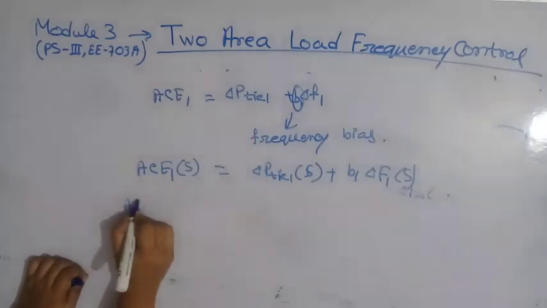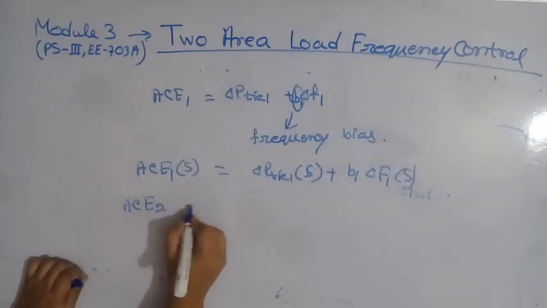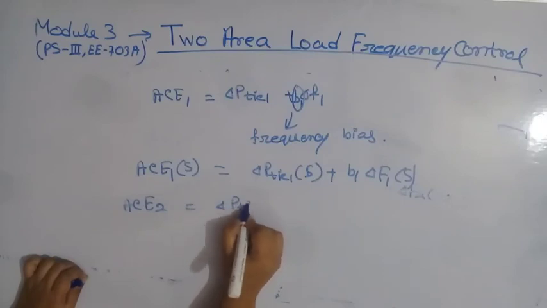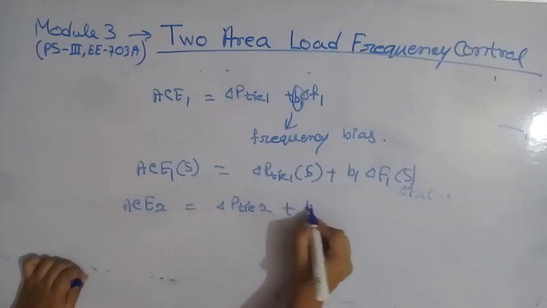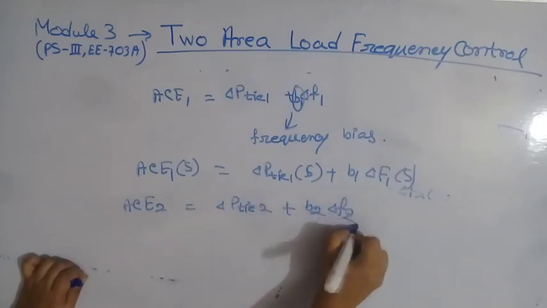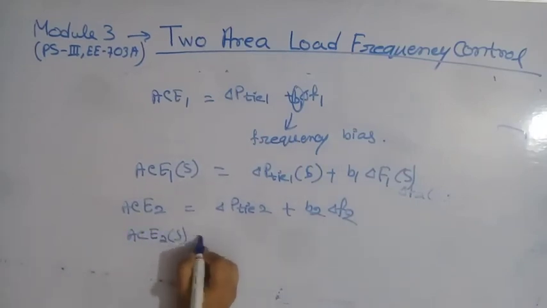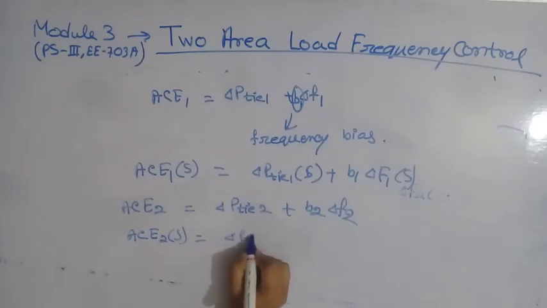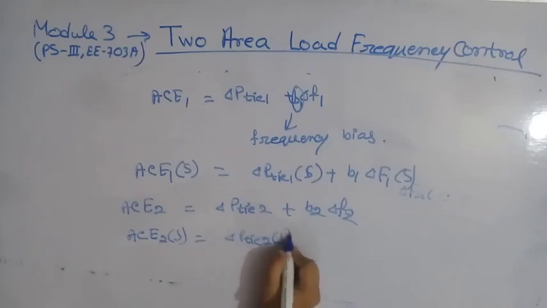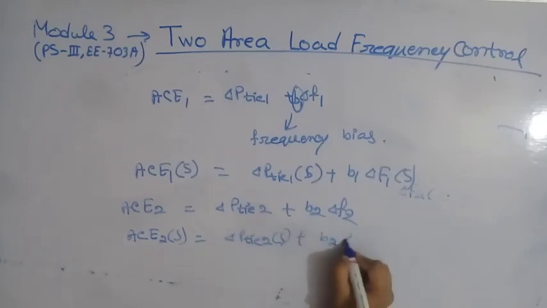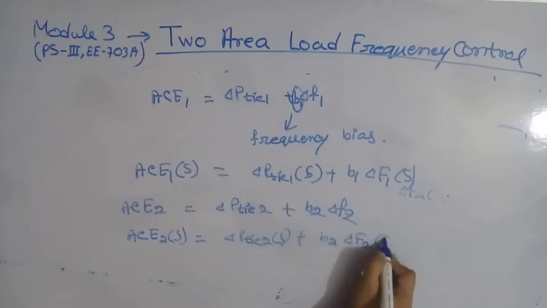Now for control area 2, ACE2 is equal to delta P tie 2 plus B2 into delta F2. Now taking Laplace, area control error is delta P tie line 2s plus B2 delta F2s.